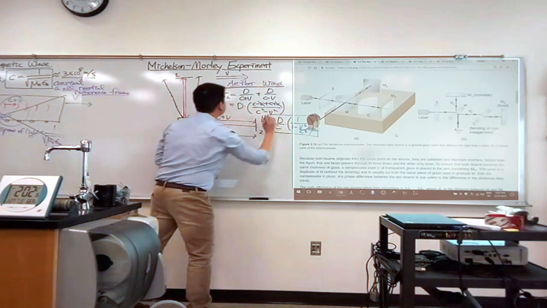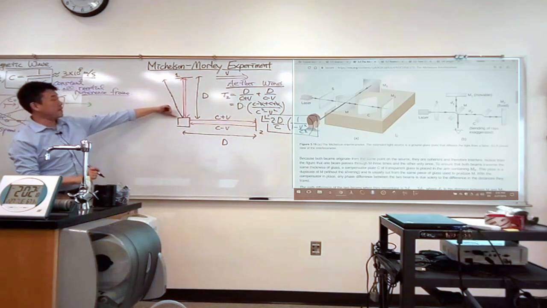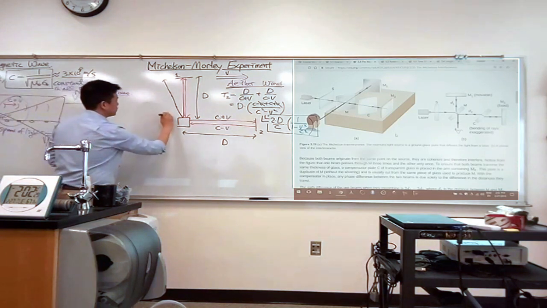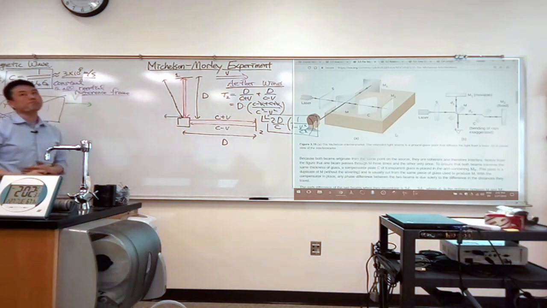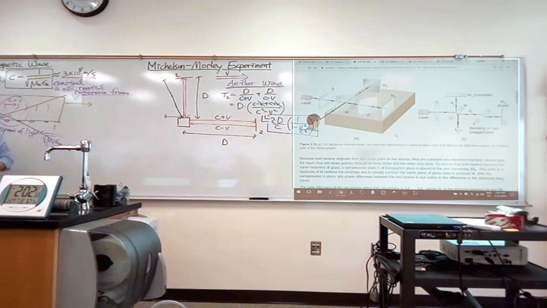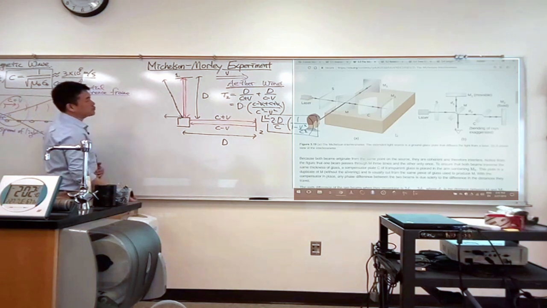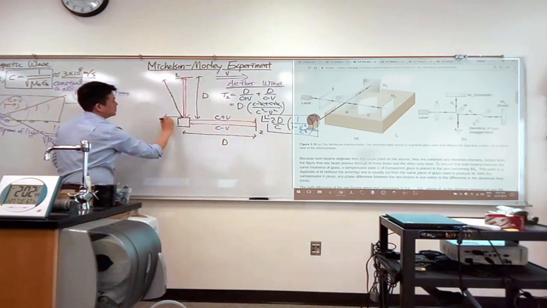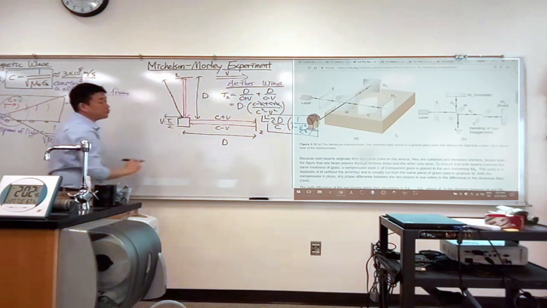Let's compare this against T1, time it takes to get there and back. So there I have to know a little bit of, let's see. So I have to know this distance, which is not given to me. But, well, this distance I could express it as v times t1 divided by 2.